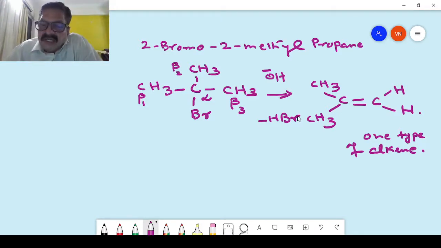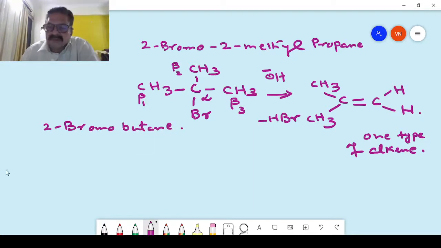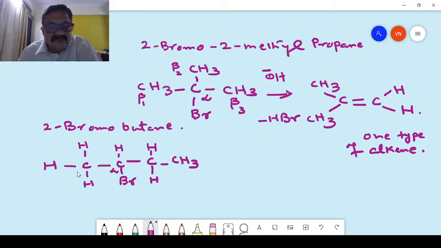Now, in the case of another compound, let us see 2-bromobutane. How many beta carbons will be there? This is our alpha carbon, no doubt about that.